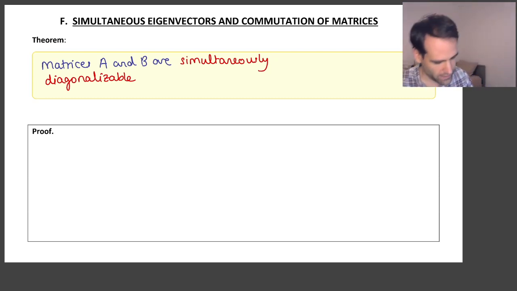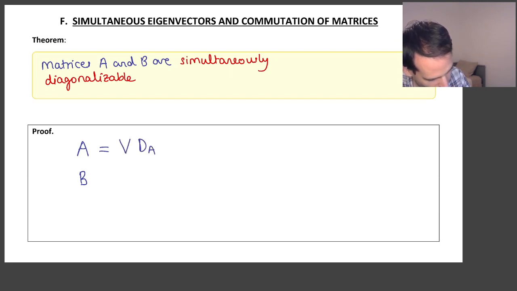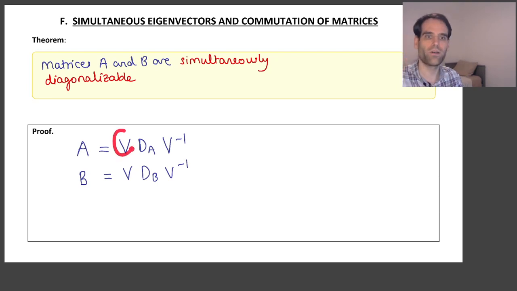It means that both matrix A and matrix B can be diagonalized by using the same change of basis matrix. So let's call the change of basis matrix V. So A equals V times dA times V to the minus 1. That is the recipe for a diagonalizable matrix, yeah? And now B can be diagonalized using the same change of basis matrix V, okay? So we have the same V for both.